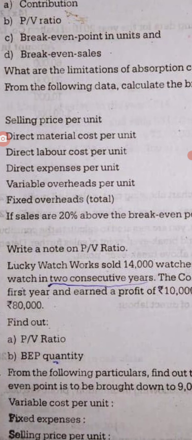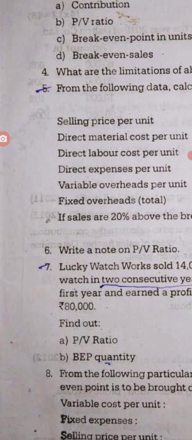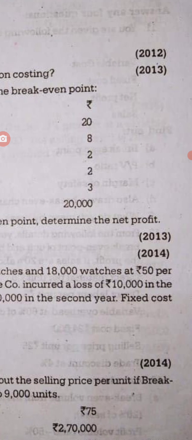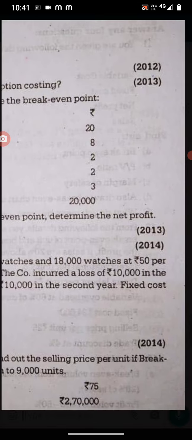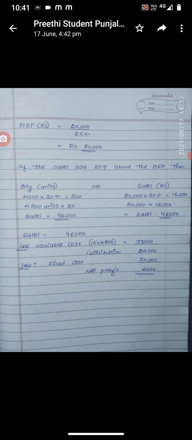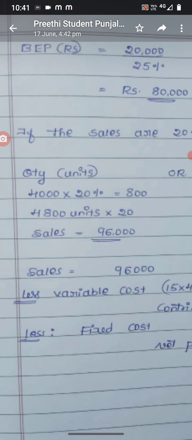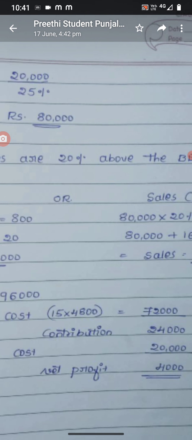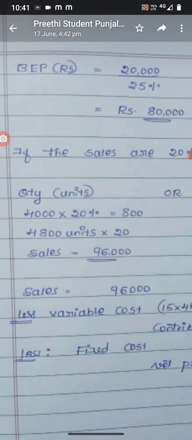Now the last part: if the sales are 20% above break-even point, determine the net profit. This is a very interesting problem. There are again two ways of doing it. One is with quantity. The break-even quantity you have found out is 4,000 units.